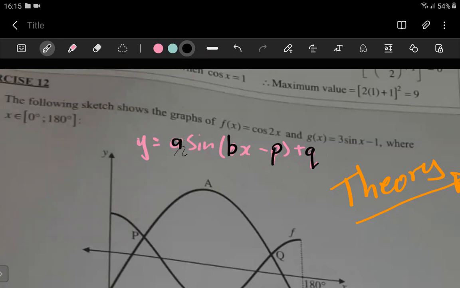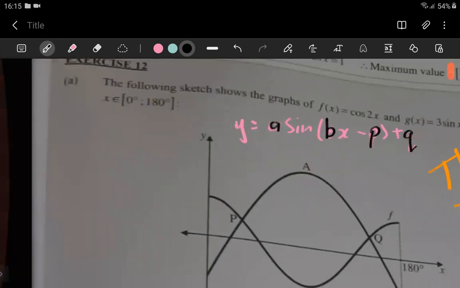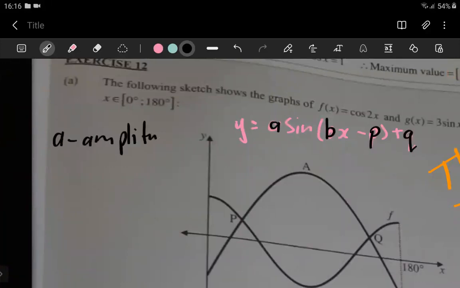For example, A stands for amplitude, which, if you go through it once or twice, then sticks.